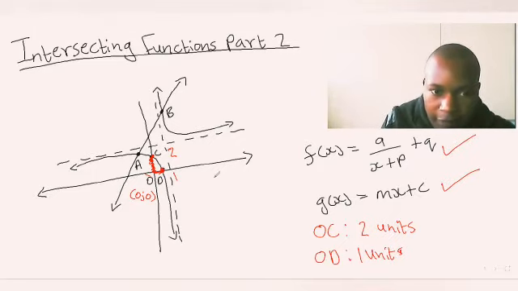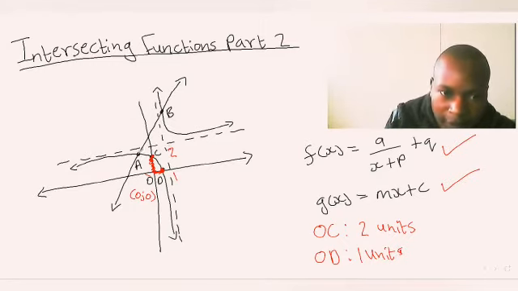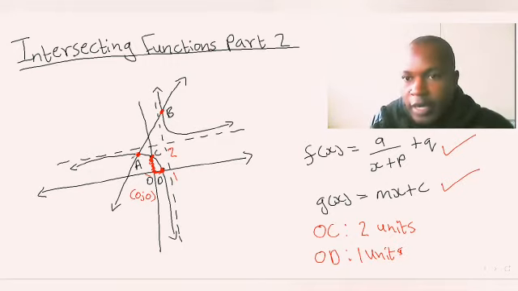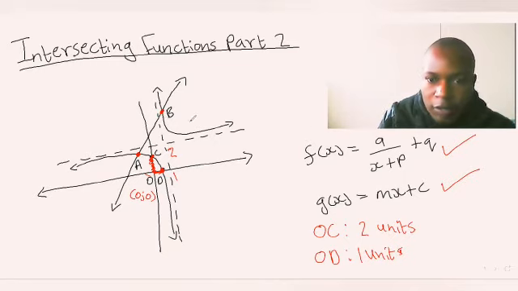That in itself was finding the distance. Just to go back with respect to intersecting functions, or rather where the functions themselves intersect, you can see clearly that both these functions would intersect at point A as well as point B. To get the points themselves, you would need to equate the two functions.